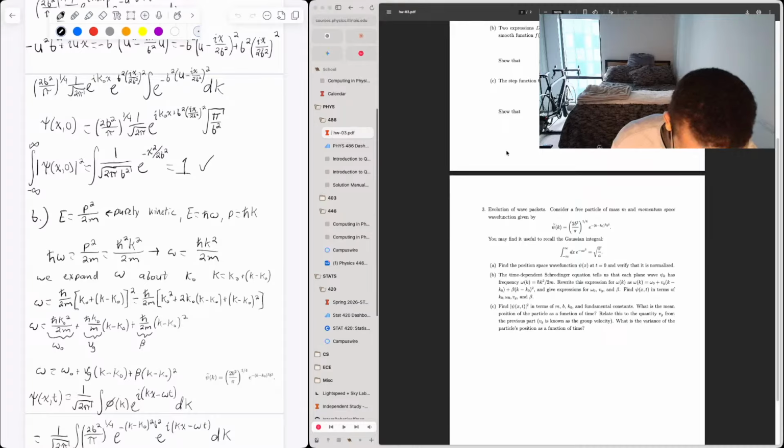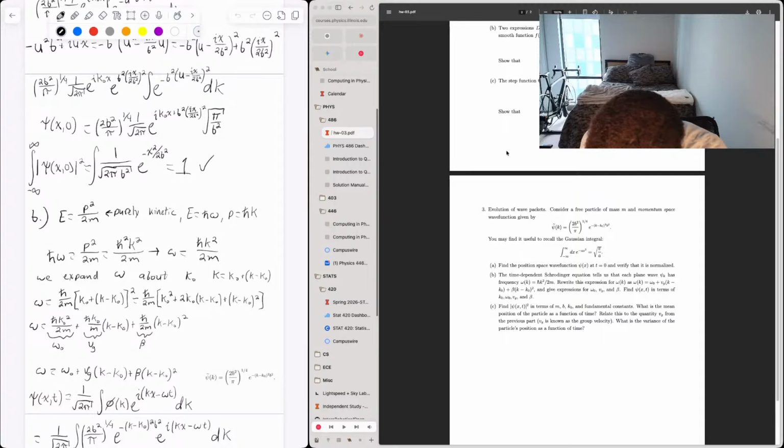I did k naught plus k minus. I said k equals k naught plus k minus k naught. Dude, that is the stupidest thing I've ever seen. What a joke. Wait, why do I not have Taylor expansions on my equation sheet?